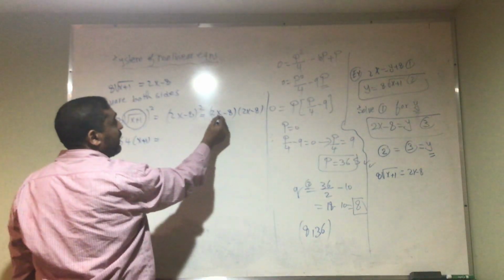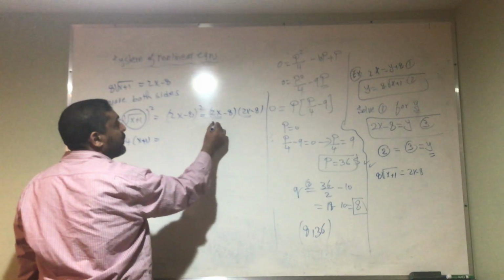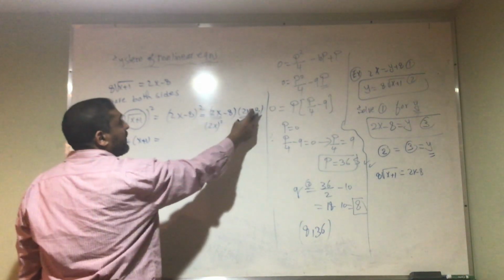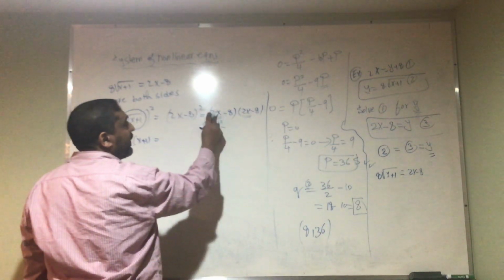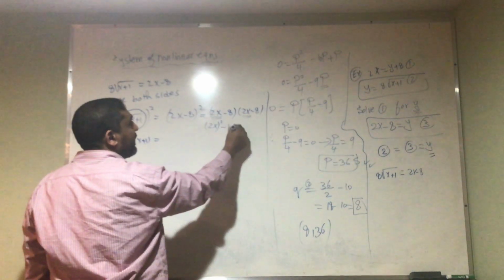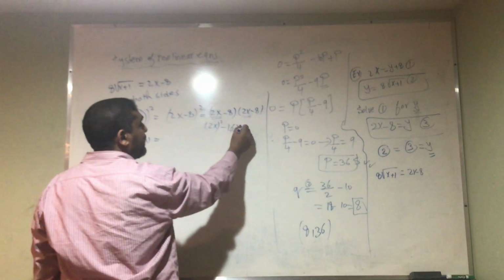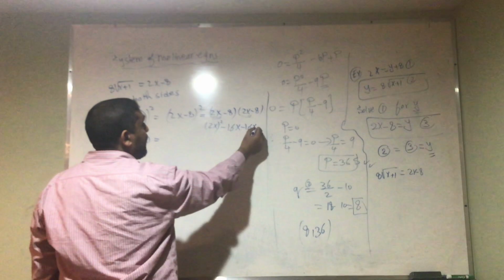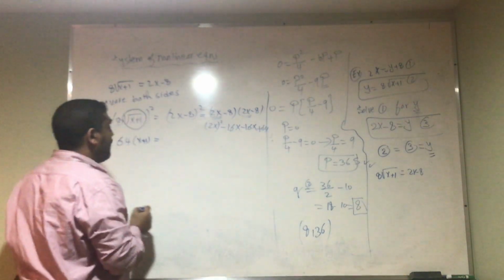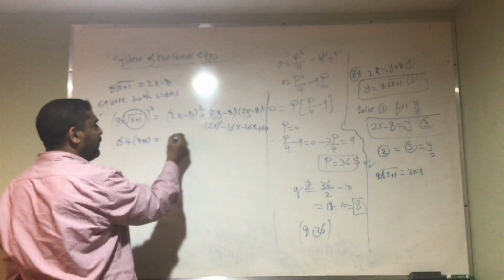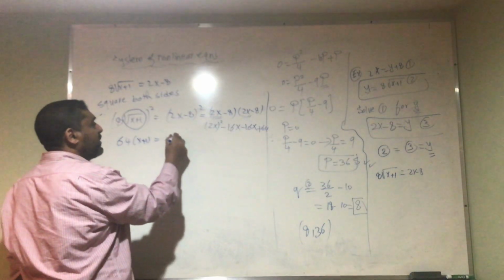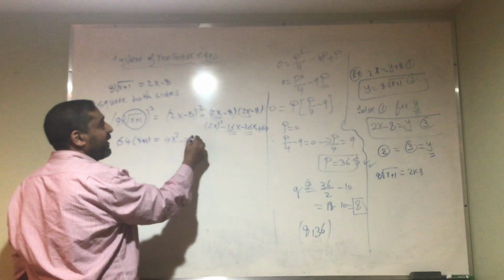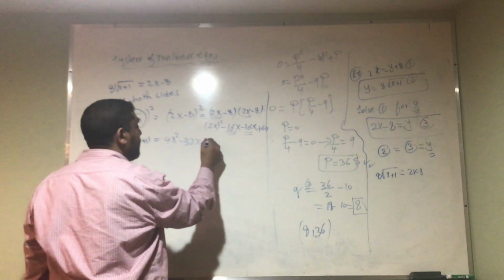The first term multiplied by the first term: 2x multiplied by 2x, you get 4x squared. 2x multiplied by minus 8, you get minus 16x. Minus 8 multiplied by 2x, you get minus 16x. Negative 8 times negative 8, you get plus 64. If I simplify this, you will have 4x squared minus 32x plus 64. And here you have 64.